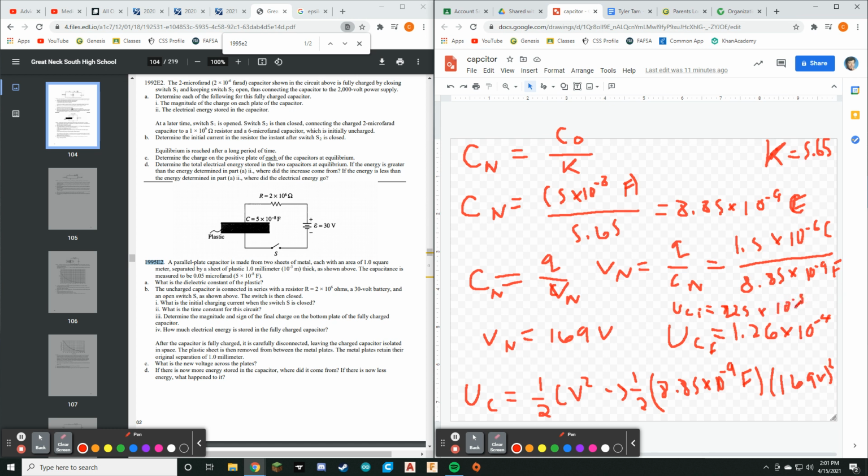And so we gained energy, and that gained energy was due to the person having to put work into the system in order to remove the dielectric. So that addition of work is what increased the energy of the capacitor after removing the dielectric. And that is everything for 1995 E2.